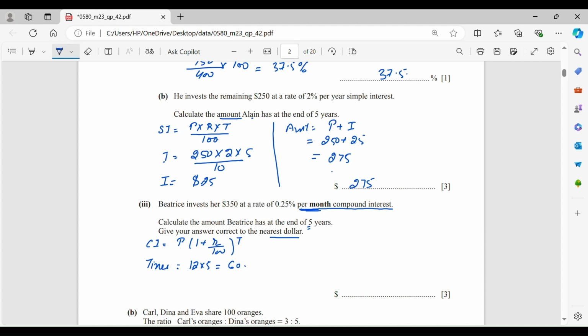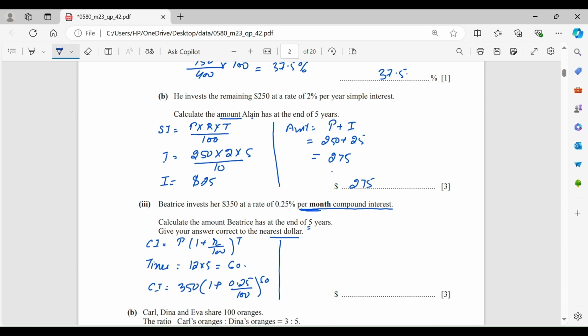So our compound amount will be equal to principal, which is 350, into 1 plus rate of interest 0.25 over 100, raised to the power 60. So we will use a calculator for this.